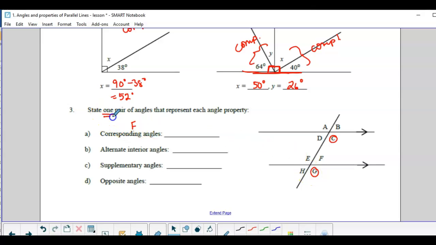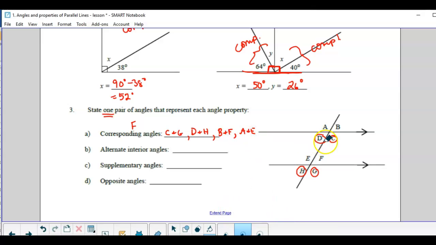It just says state one pair. So C and G would work, but I'm going to list more. D and H would work because you may have done just one that I didn't do. And then similarly, both above the parallel lines would be B and F and A and E.